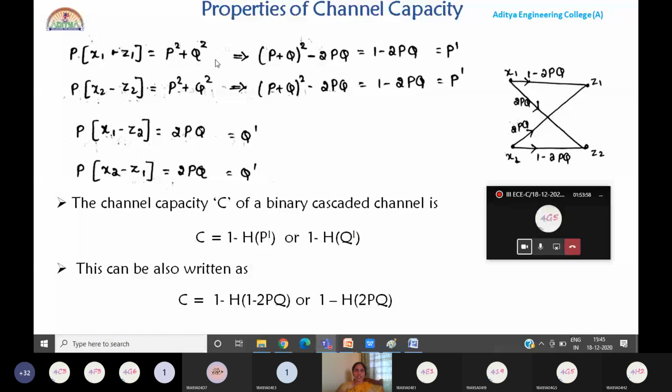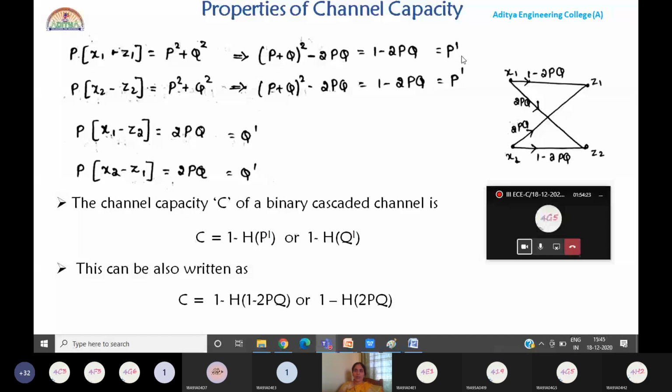You can write this p square plus q square as p plus q whole square minus 2pq. P plus q is the sum of the probabilities, which is 1. So 1 minus 2pq.